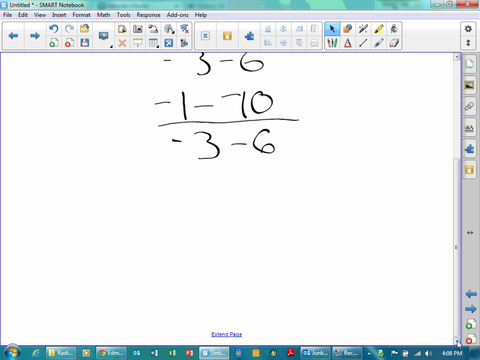Negative 1 minus negative 10. If you're using a calculator, not too big a deal. If you're not, remember your integers. Keep, switch, switch. So make addition, make positive. So that's negative 1 plus 10, which means 9.